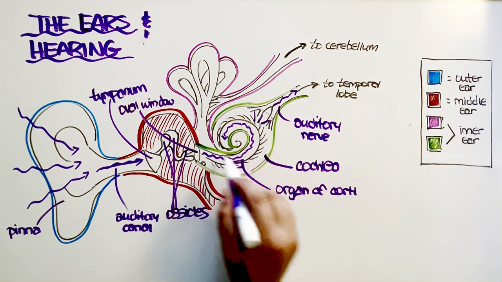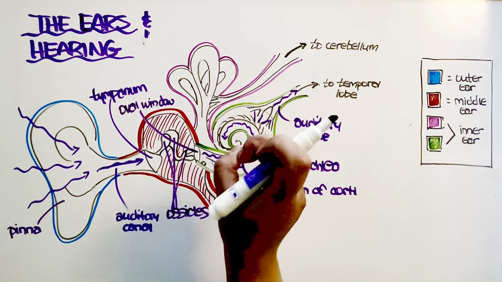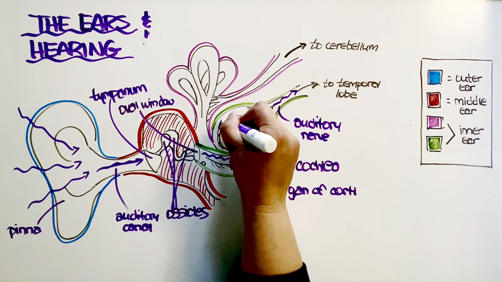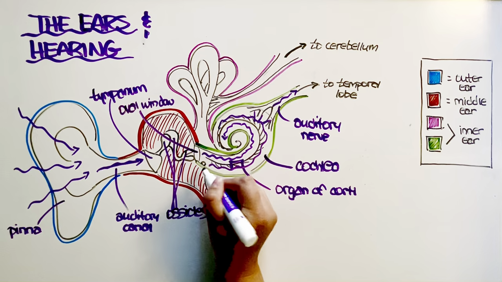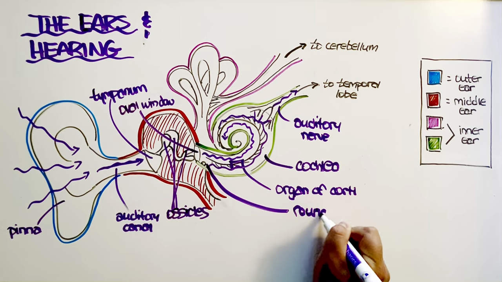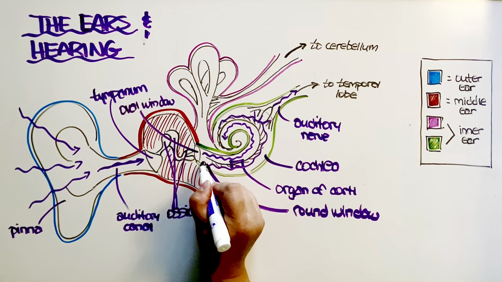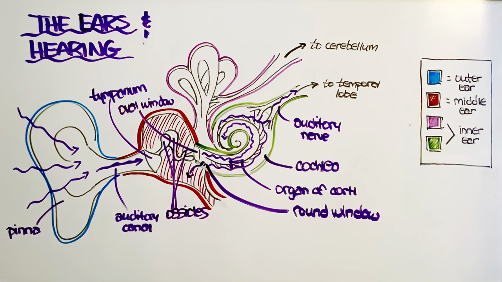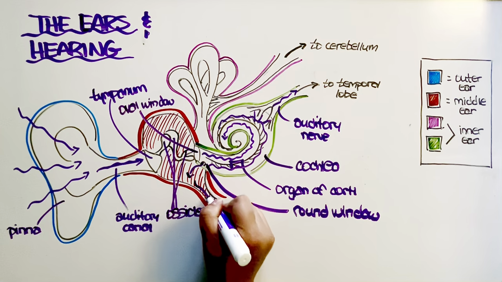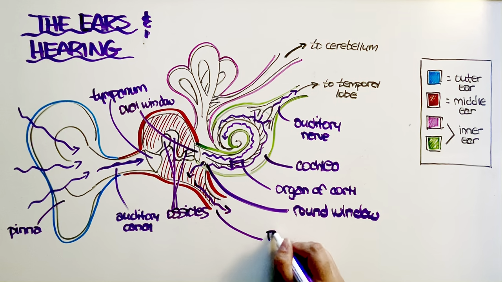Now, before I talk about what happens in those really, really interesting places, we do need to recognize that as pressure builds in the cochlea, it does need to be released eventually. You can't have pressure building and building in that location forever. So as the pressure builds, it can then be released through this tiny little membrane, and that one is called the round window. So as pressure gets too high, it then leaves the inner ear, comes back into the middle ear section, but instead of bouncing back out of the pinna, it actually gets funneled down through another tube here called the eustachian tube.